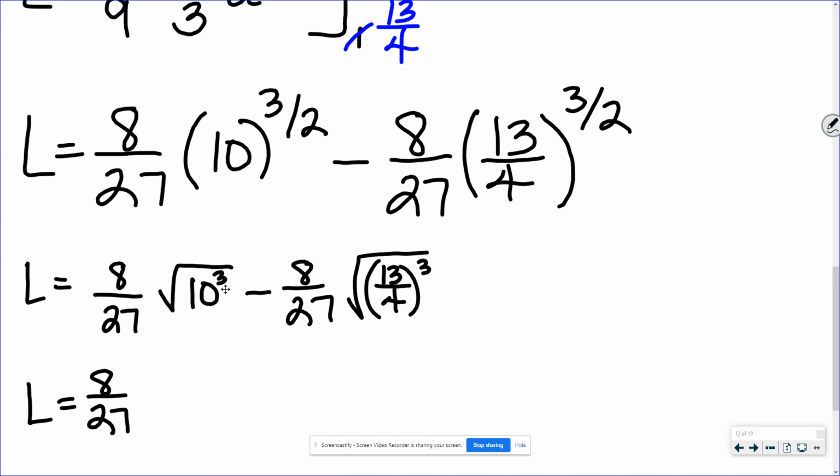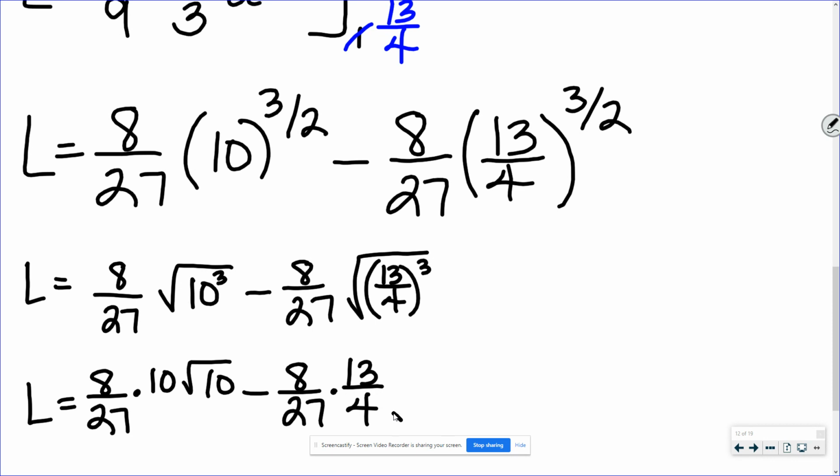This would be equal, I could take out a 10, so this would be the same as 10 radical 10. And then over here we would have 13/4 times radical 13/4, except the square root of 4 is 2. So I think I could make this denominator an 8, because the 2 could come out. And then make this just radical 13.